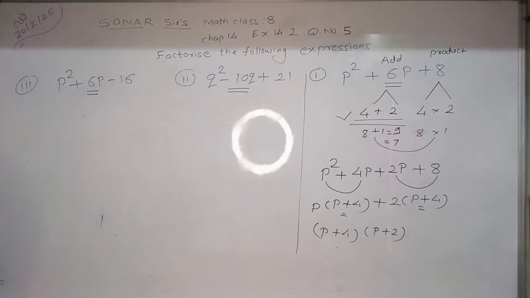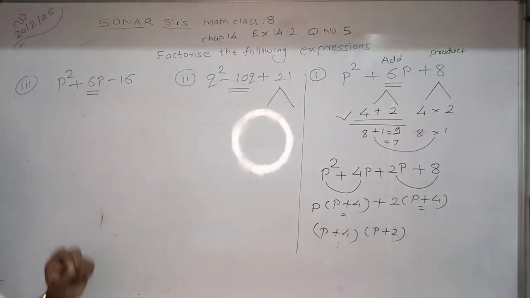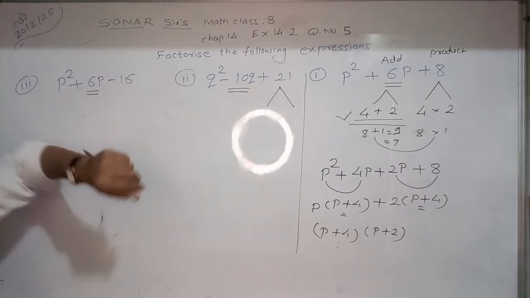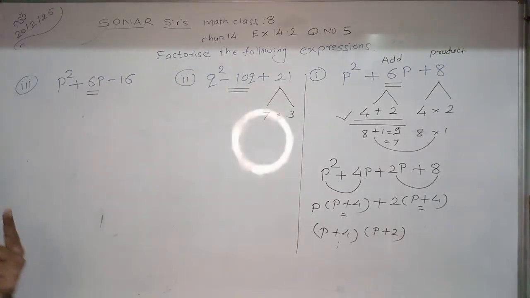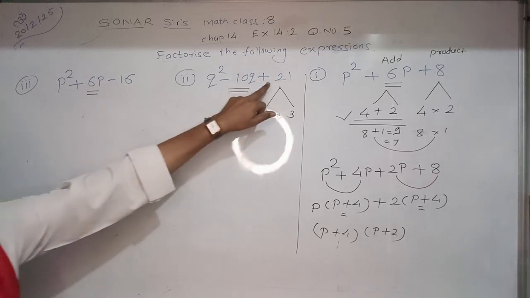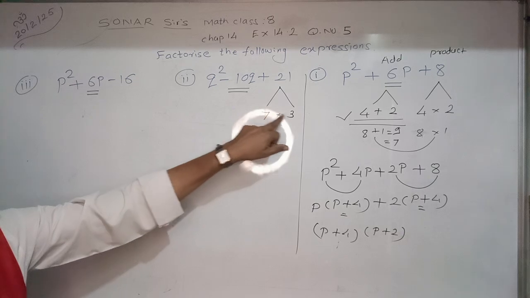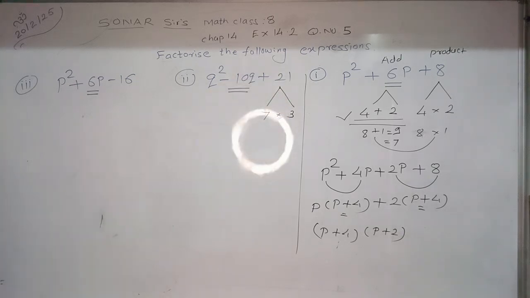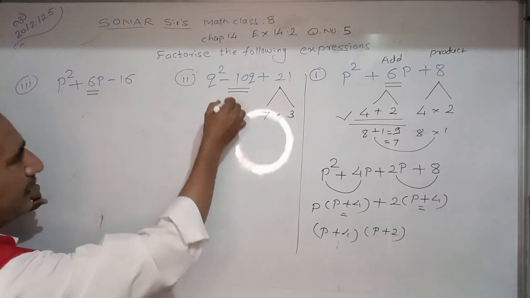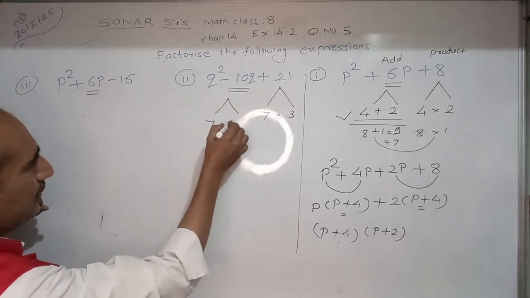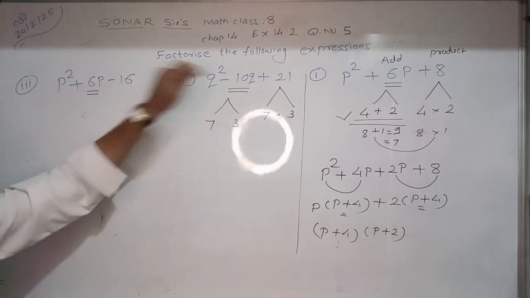second question. Again, there are many numbers whose product is 21. Suppose 7 threes are 21. But we want the product as a plus. So it is okay, 7 into 3, 21, the product is plus. But we want the addition as minus 10. If we consider plus 7 and plus 3, it becomes plus 10.